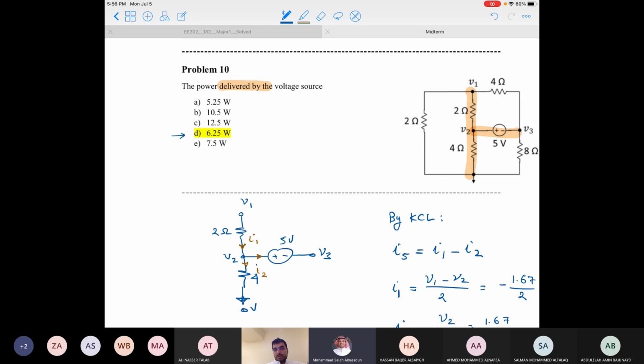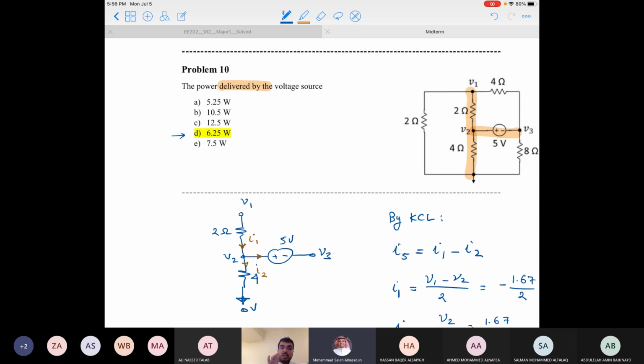So what's the conclusion here? If this question is telling you that the power is delivered, I'm telling you the power is delivered. So what's the power delivered by default? It really matters.